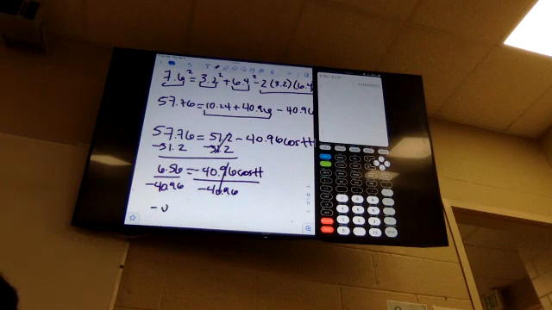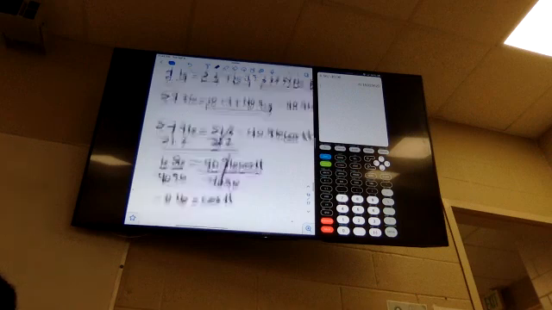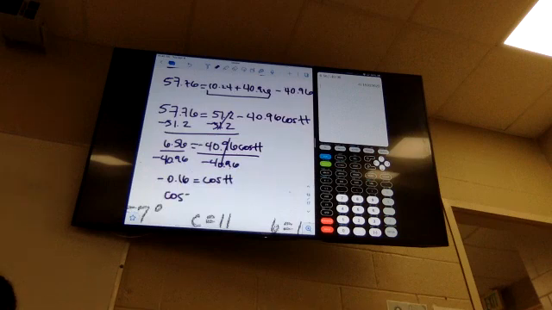Negative 0.16 equals cosine of h. Remember, once I get here, I need to do inverse cosine of both sides. So second cos, or cos to the negative 1 of negative 0.16. And that's going to give me 99.2.